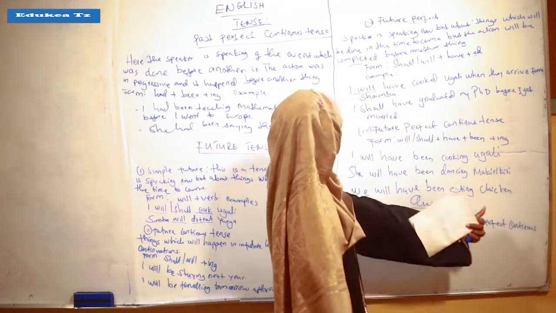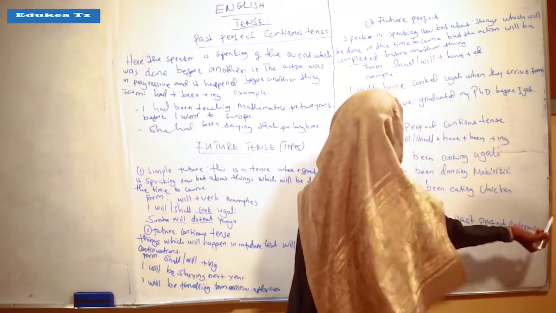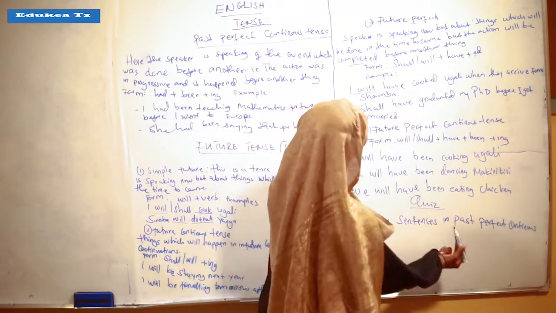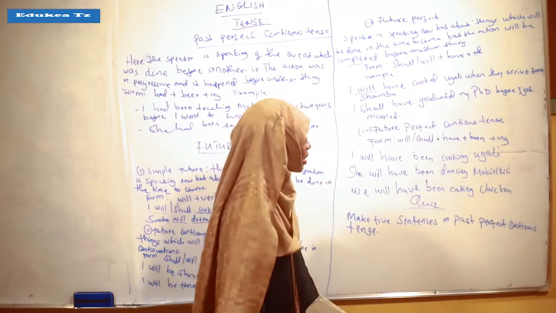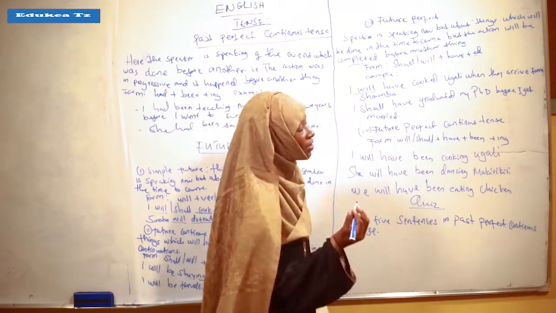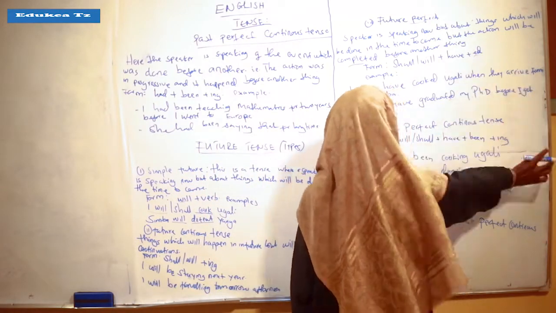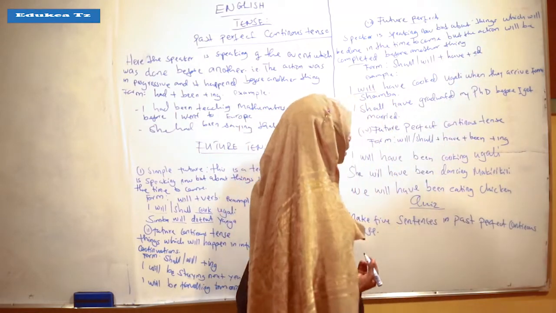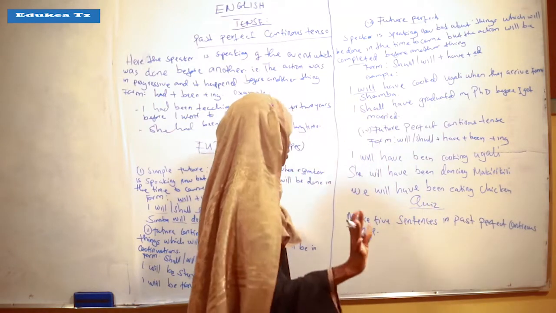So by definition, we can say that the speaker is speaking now about the event which will be done in the time to come, but the action will be completed before another thing, and it will be in progressive or in continuation. So you can use this definition by adding that it will be in progressive or continuation.